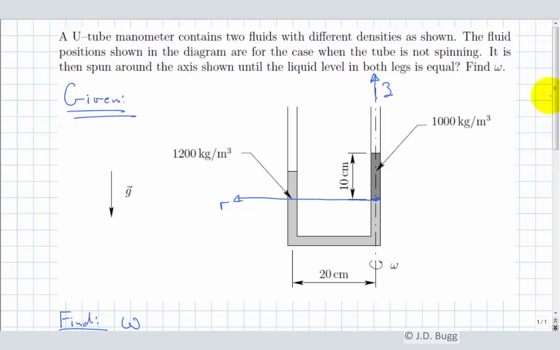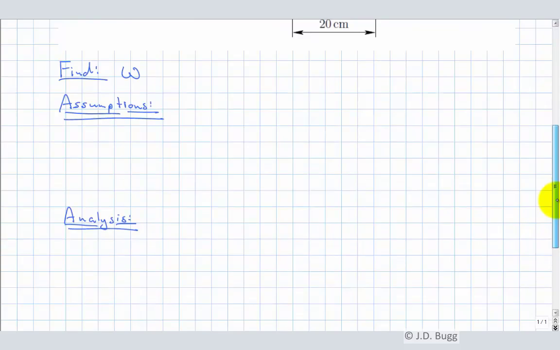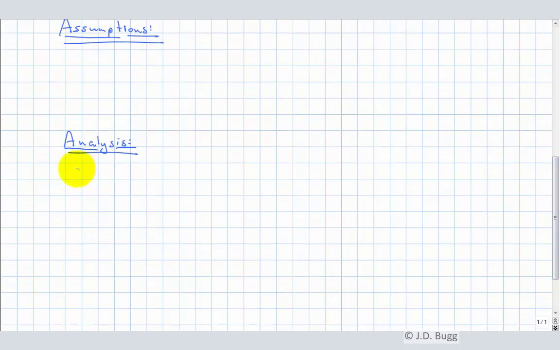So I want to label a few points here. I'm going to start over here, call that point A. This interface where it goes from the 1000 to the 1200 density fluid, I'll call point B. And then we go down through this fluid, this second free surface here, I'll call point C. We're going to be making reference to those points throughout the solution. So down in my analysis, what I want to say is PA minus PC is equal to 0, and that's going to be true whether it's stationary, whether it's spinning, no matter what happens.